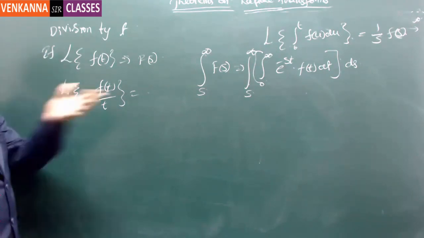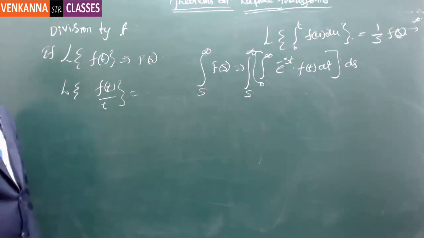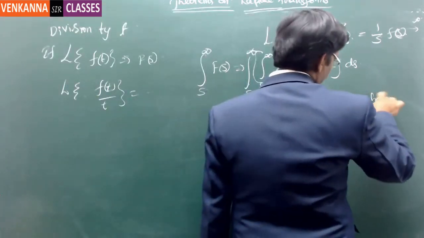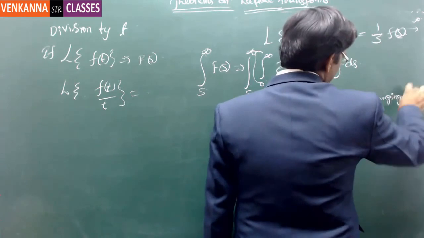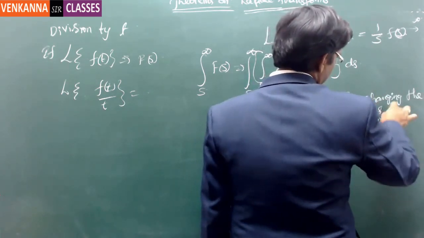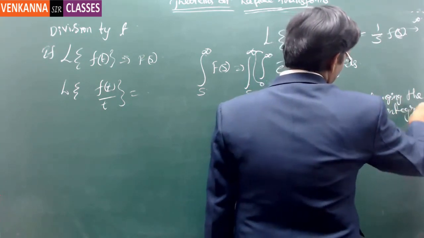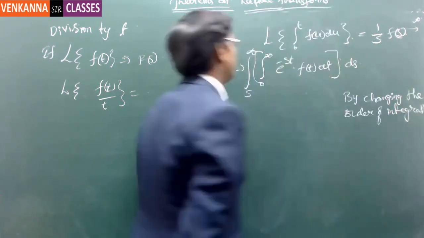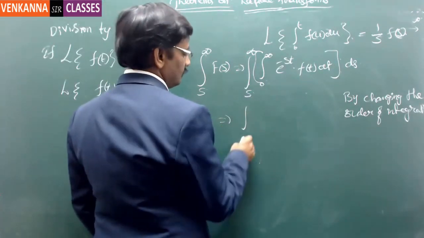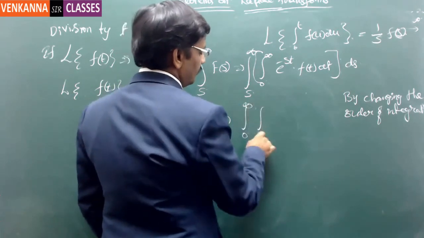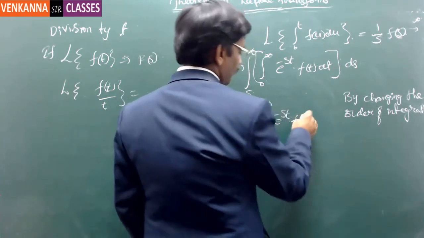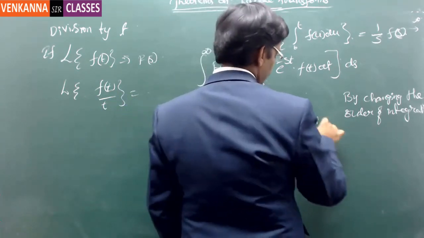Now, the left side you can keep as it is, but on the right side, by changing the order of integration, what you can do is integral 0 to infinity, integral s to infinity e power minus st f of t dt ds.